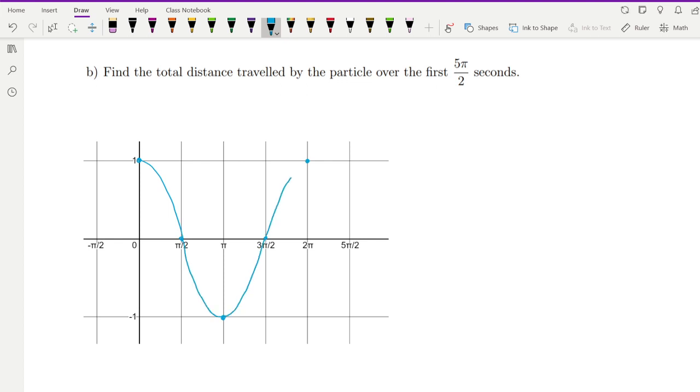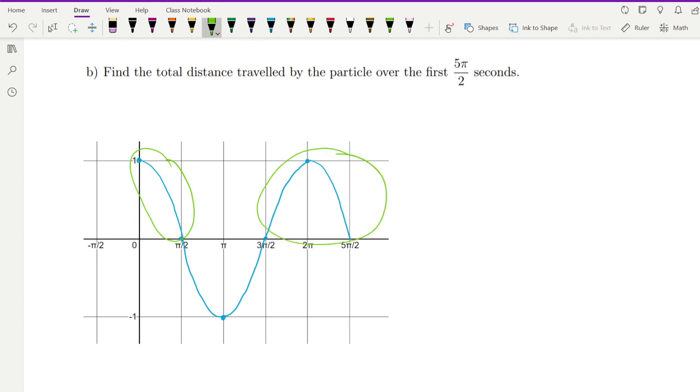And then it repeats itself, right? It's a cyclic graph. If we're talking about 5 pi over 2, that's one of the times we're looking at, so we have to keep going and draw it all the way up to 5 pi over 2. If you had to describe how this particle is moving, it's going to be moving forward during the time periods when the velocity is positive.